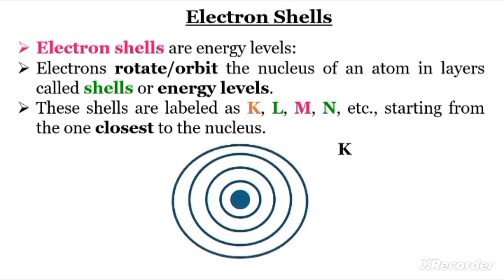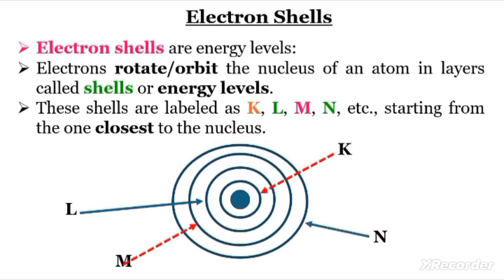The first shell is labeled as K. The second shell is labeled as L. The third shell is labeled as M. The fourth shell is labeled as N. Okay, so these are the first four shells.